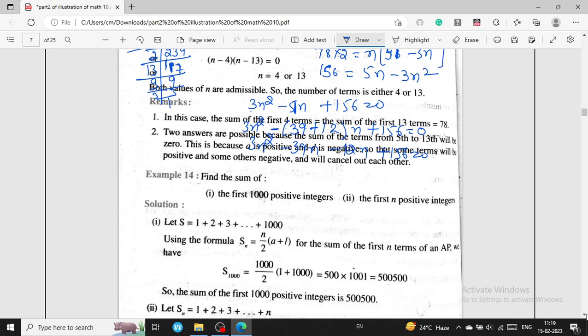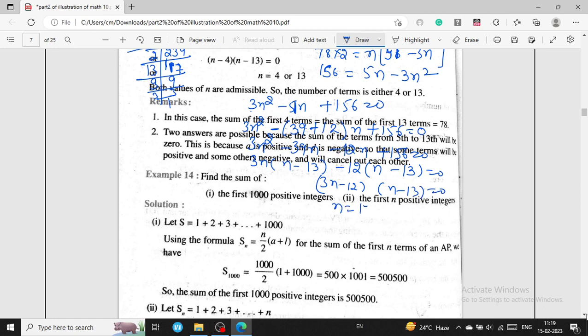Take common 3n: n minus 13, 3 times 13 is 39. Here taken common 12: n minus 13, 12 times 13 is 156. So 3n minus 12 in one bracket, n minus 13 in another bracket.